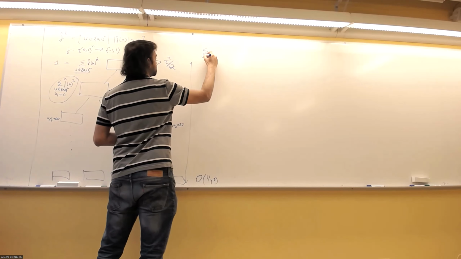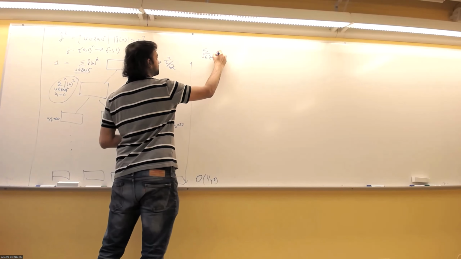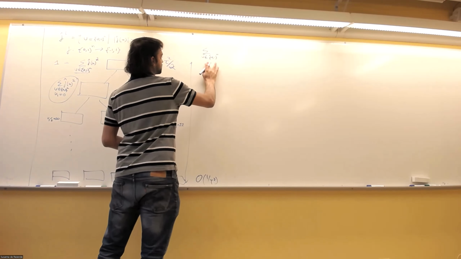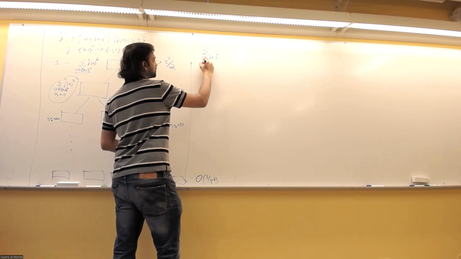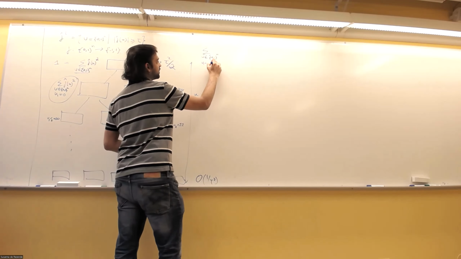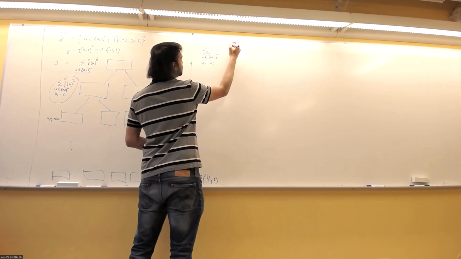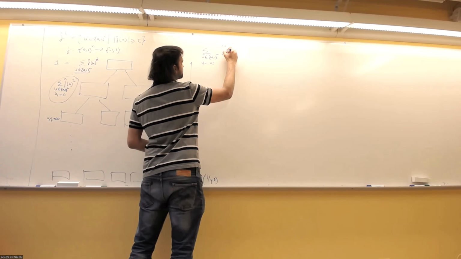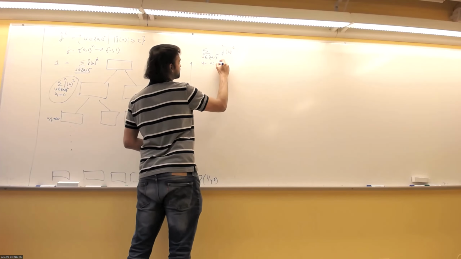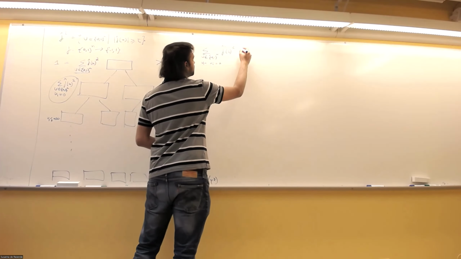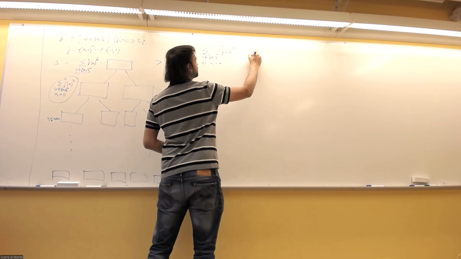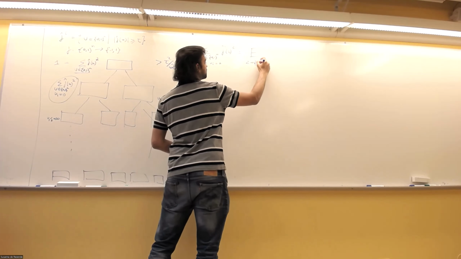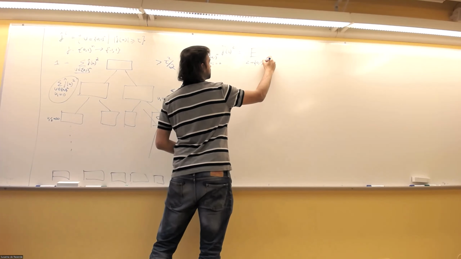Say, for example, you look at the first i bits, you set u1 up to ui to some a, and this would be the expectation over x in {0,1}^(n-i).